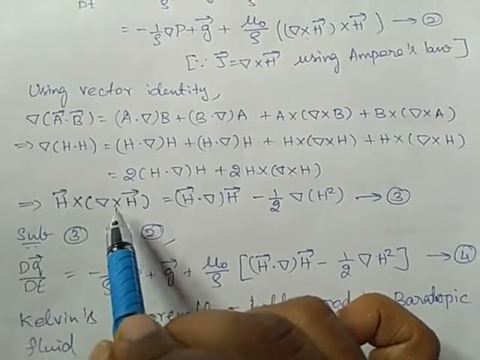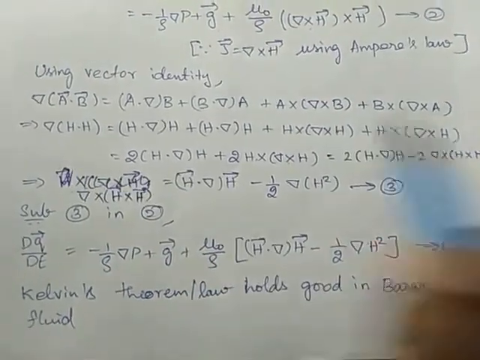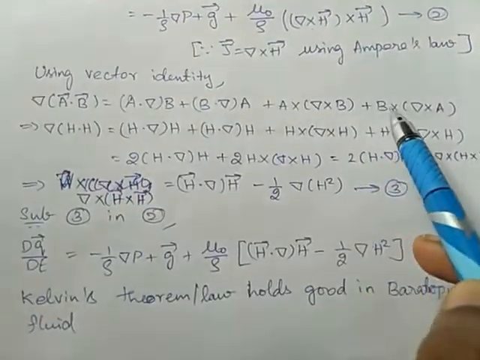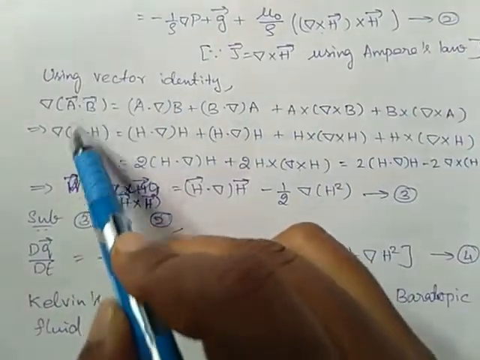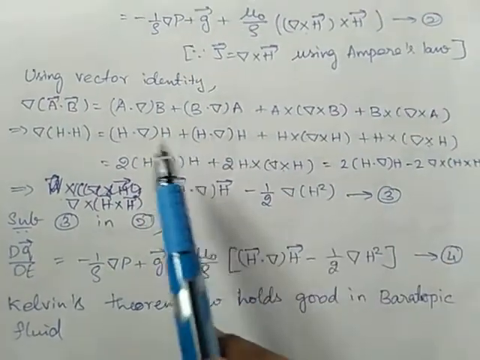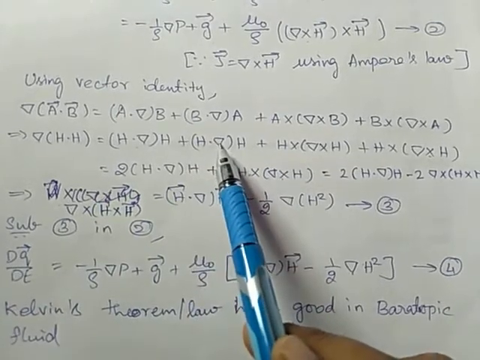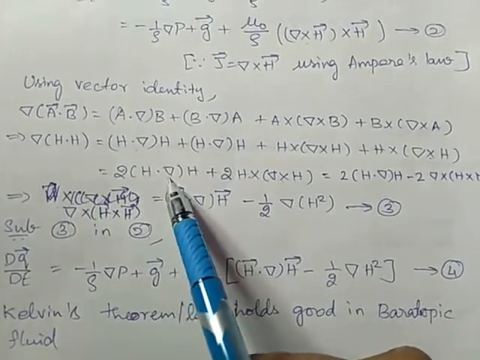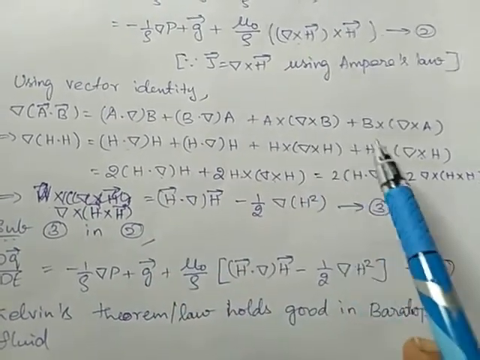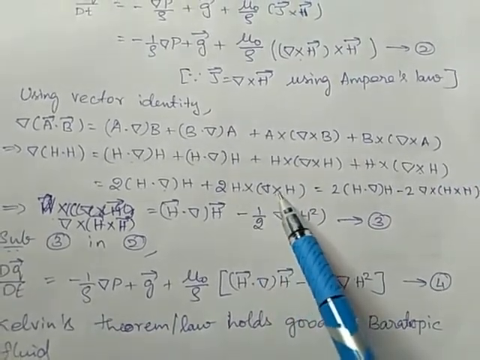In this vector identity, if we substitute A is equal to H, B is equal to H, we will get this equation. Here we have added H dot del H plus H dot del H as 2H dot del H. Here also we have added these two terms, which has become 2H cross del cross H.